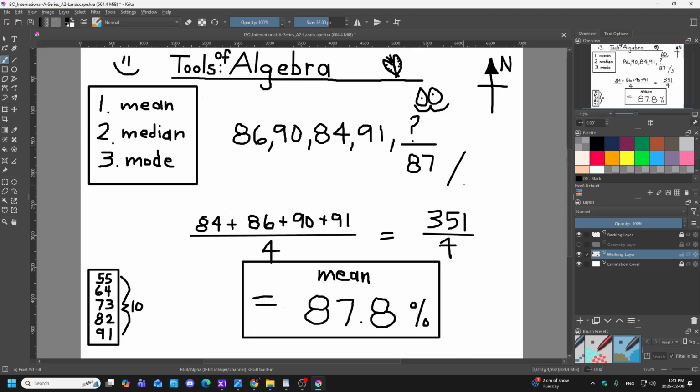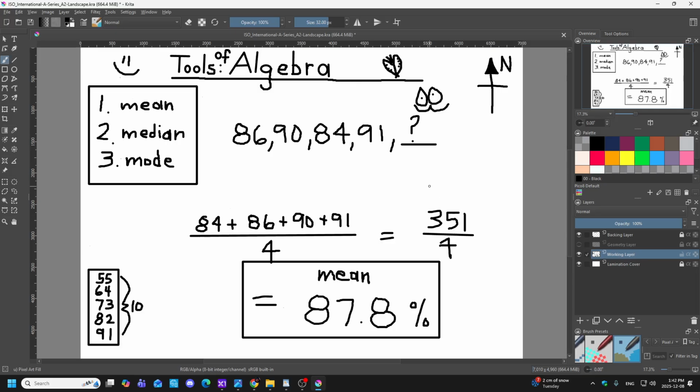Oh, that's not going to be it. You can check them if you like. I could go 88 and then divide the total. I would do the total of all the numbers, divide by 5, and figure it out that way. You'll eventually figure it out. You will. And then just continue on.